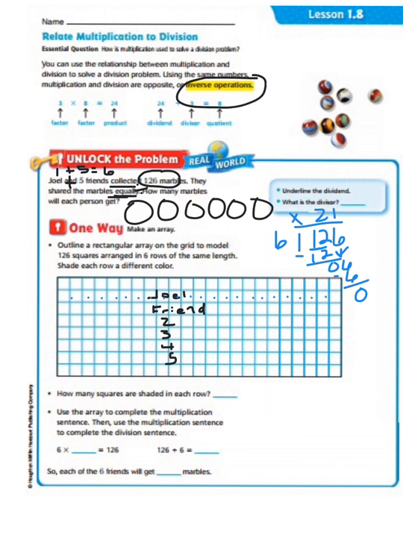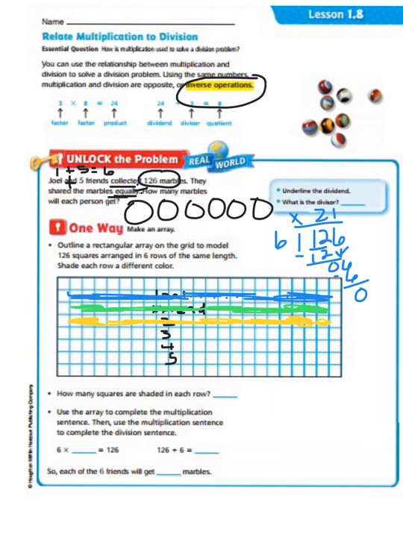So we can shade this area blue for Joel. And then we know that friend 1 is going to get 21 marbles, so we will shade this one green. We know that friend 2 is going to get 21 marbles, so we will shade it yellow.